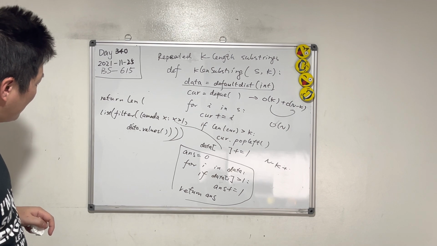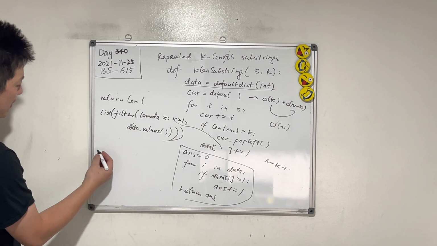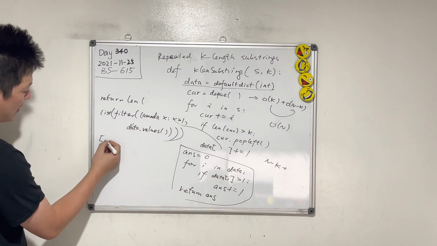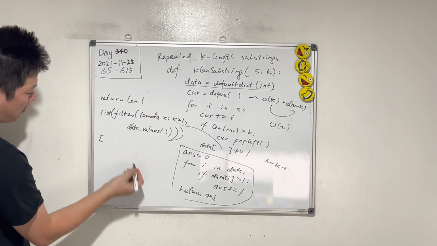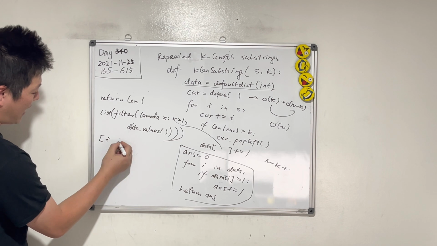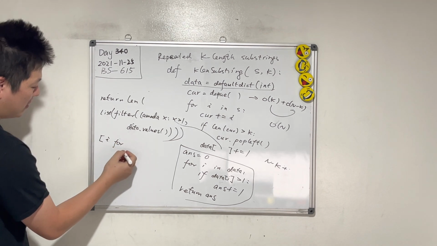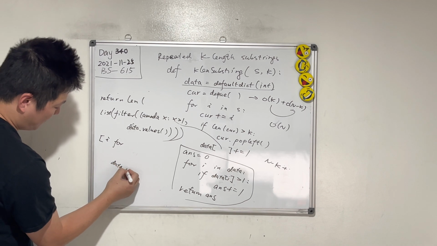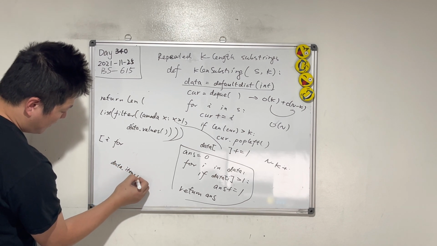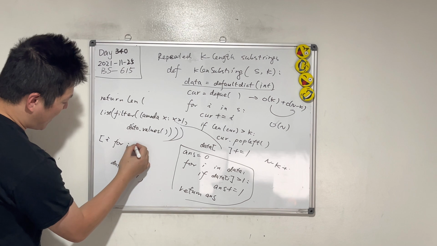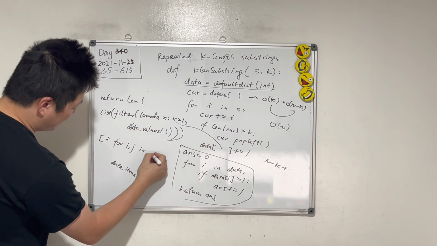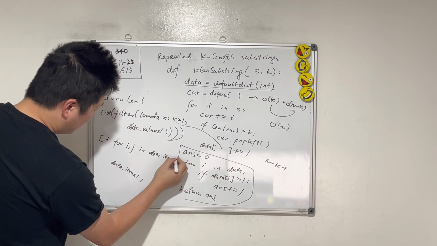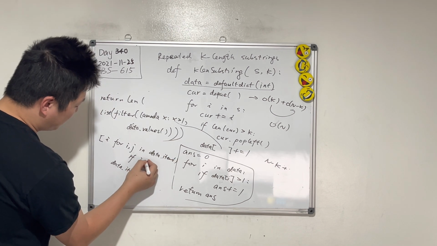Or we can use the list comprehension. List of what we want to find out, the key, for i, j in data dot items, and then if j is bigger than 1.